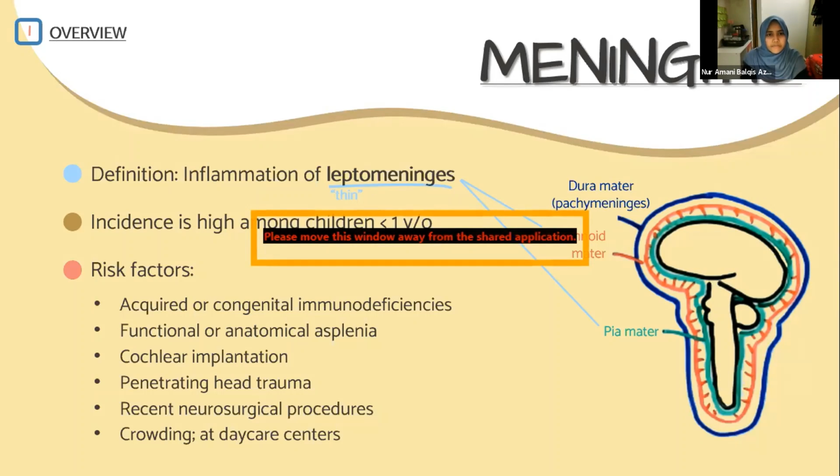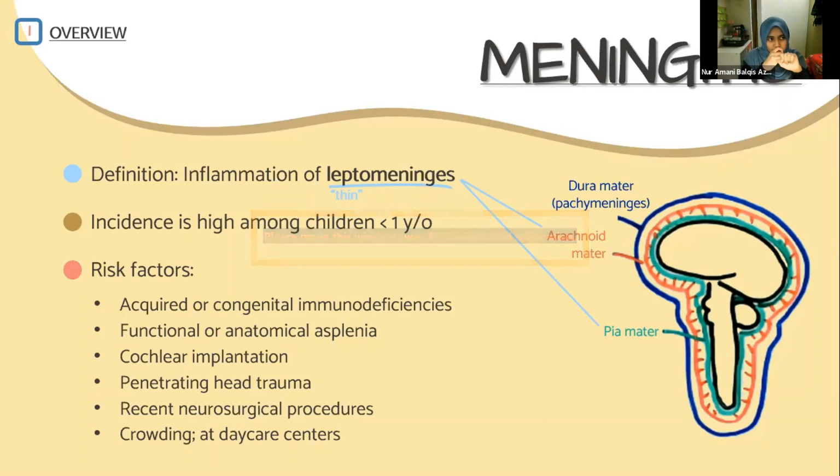And also, if the children have asplenia. Asplenia means there is a loss of normal function of the spleen. We know that spleen is a part of the lymphatic system that helps to fight infection. So if someone has asplenia, they are at a very serious risk of getting infection.